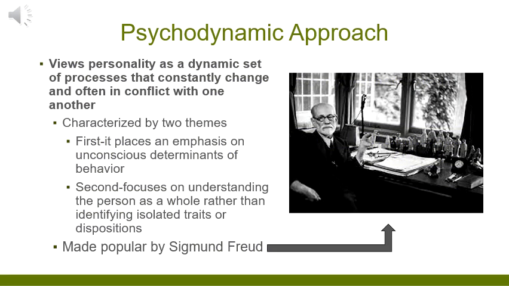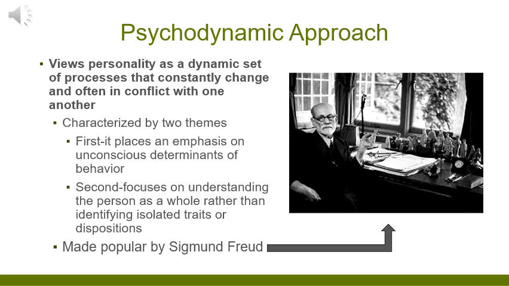We'll begin with the psychodynamic approach, which views personality as a dynamic set of processes that constantly change and are often in conflict with one another. This is characterized by two main themes. First, it places an emphasis on unconscious determinants of behavior, that is, things that happen that we can't control.